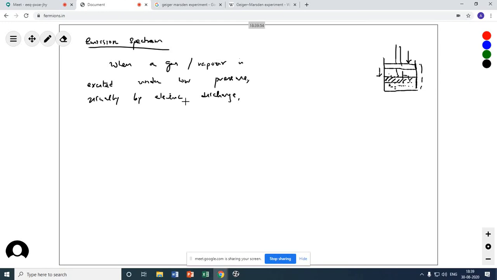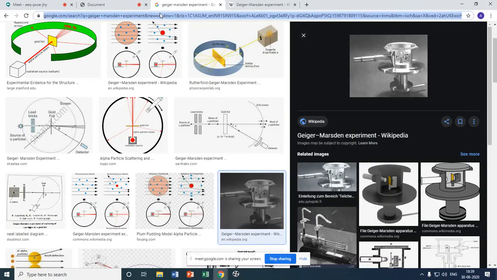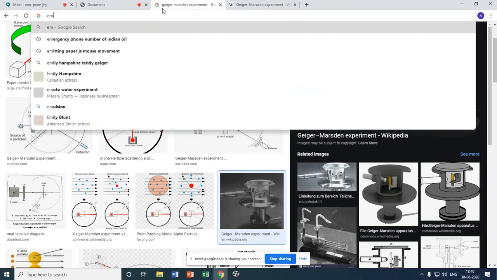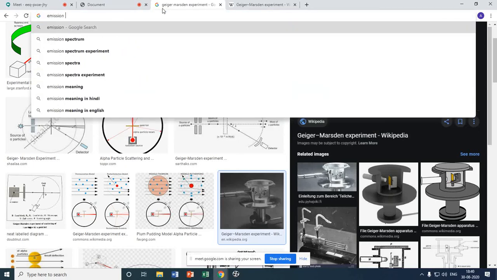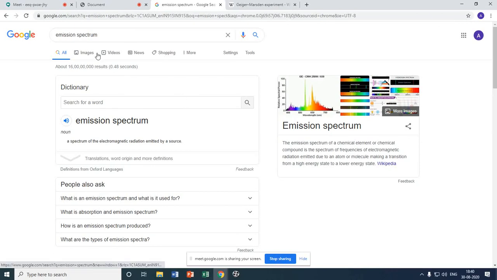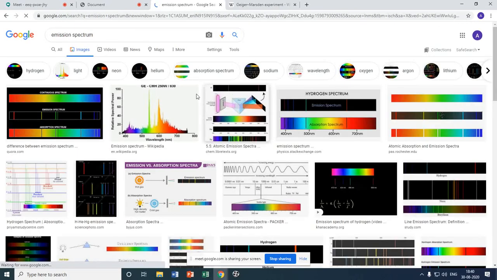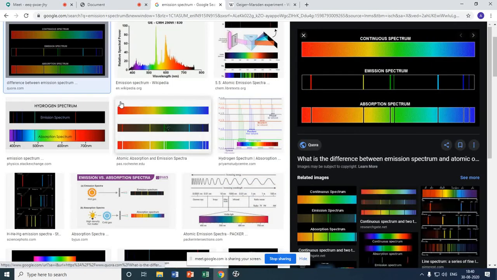This kind of spectrum with some bright lines on a dark background is called emission spectrum.